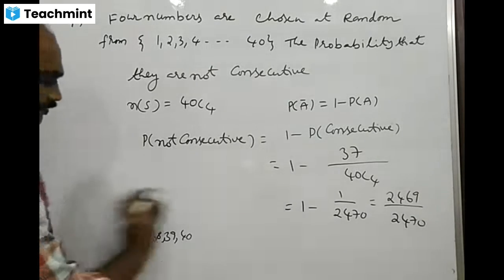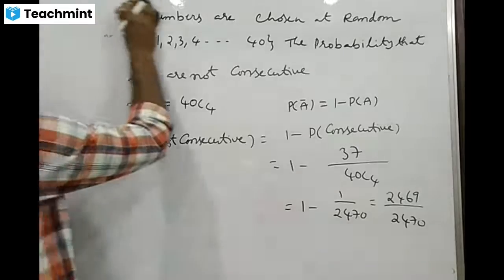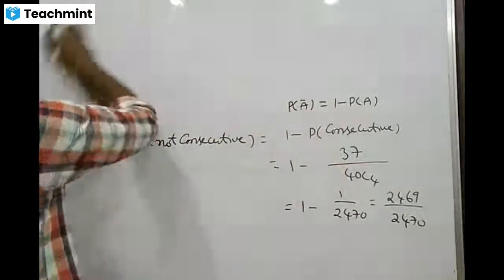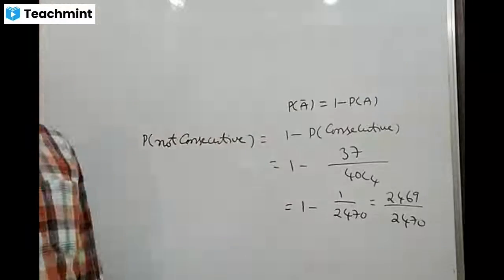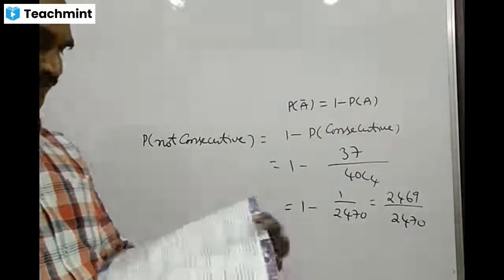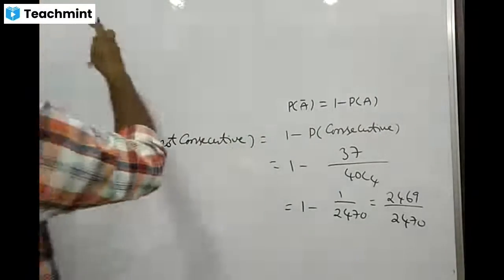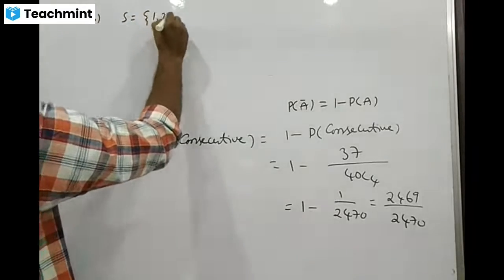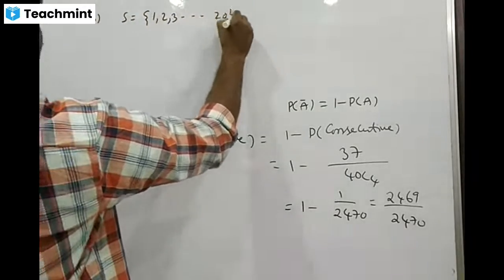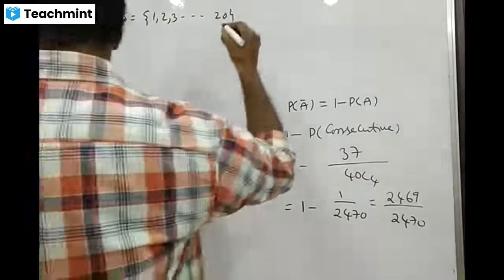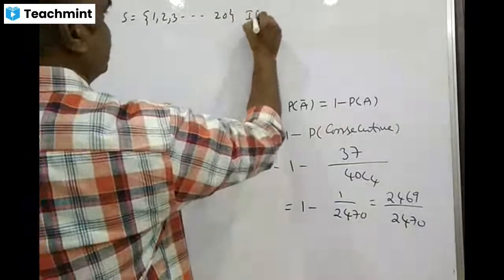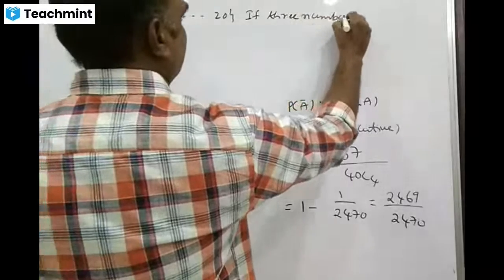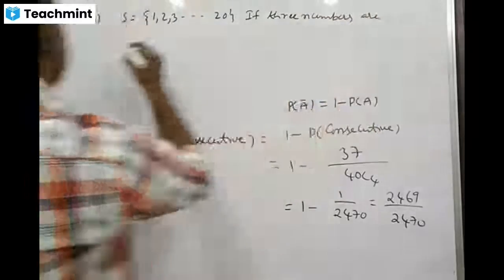Okay, next problem. Yesterday we discussed combinations problems. Question number 13. S is equal to 1, 2, 3, up to 20.